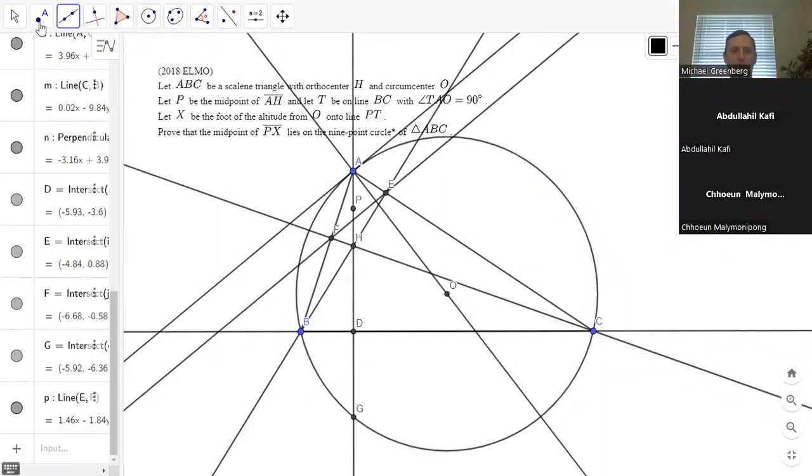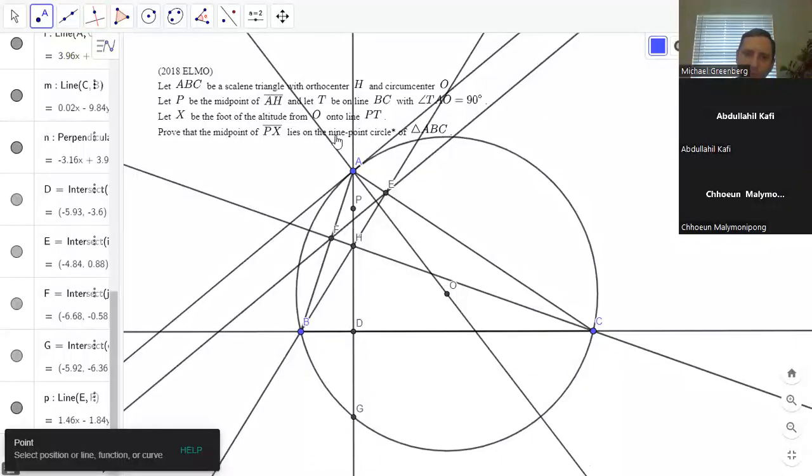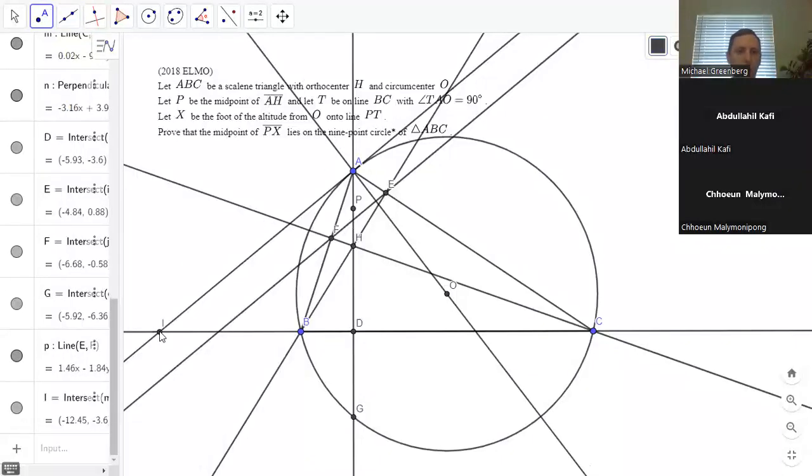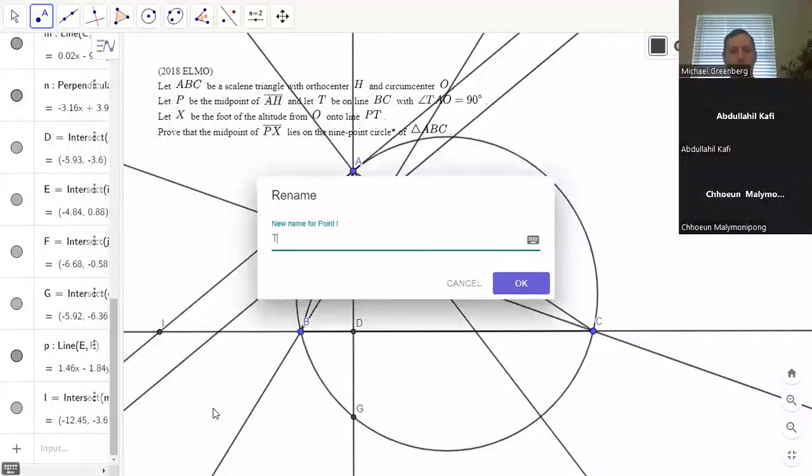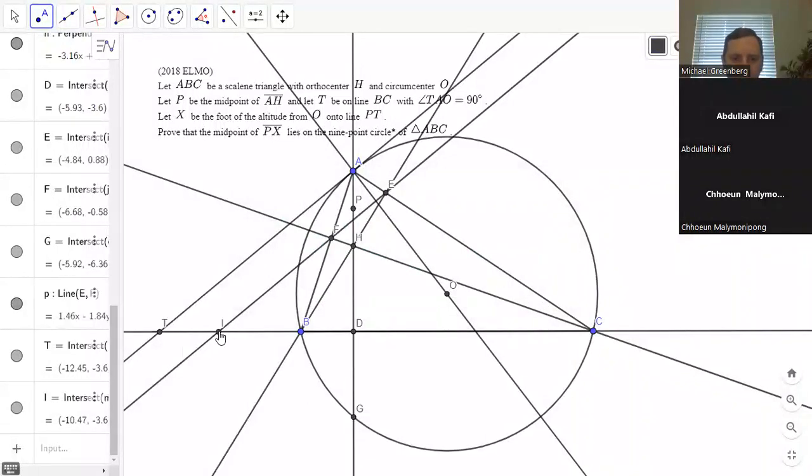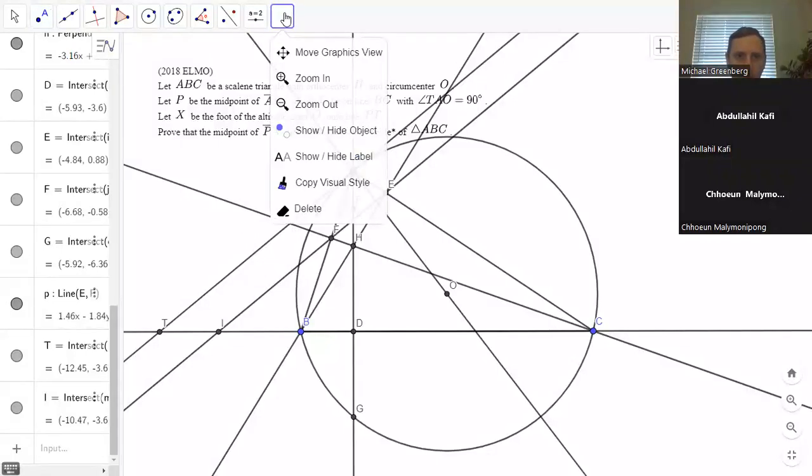So we know it's tangent to the circle because OA is a radius. And I'll just draw this because why not? Okay. And now I can hide a whole bunch of things.